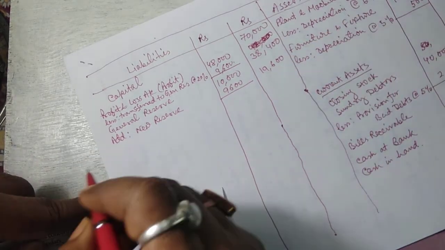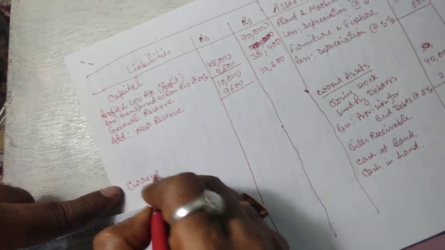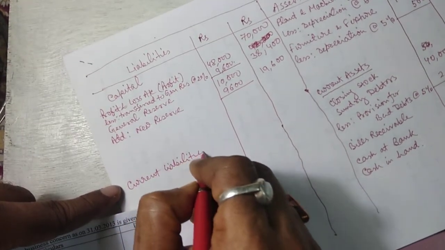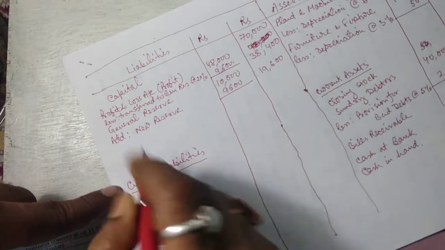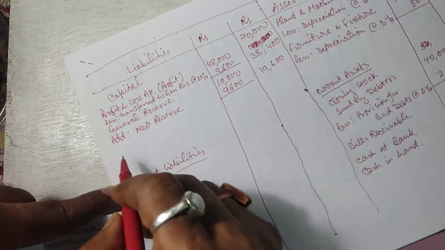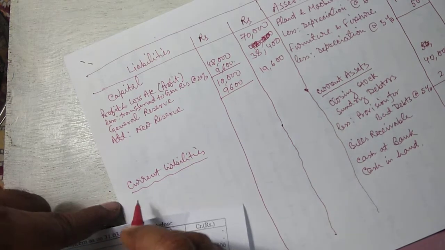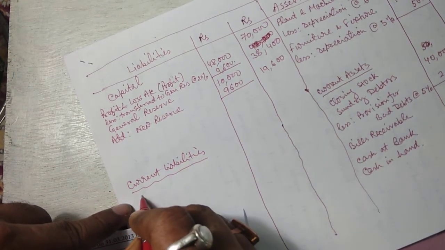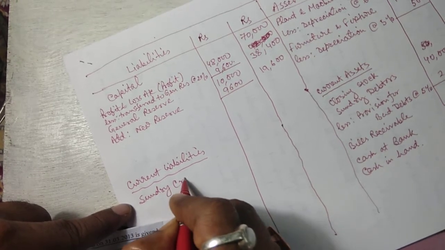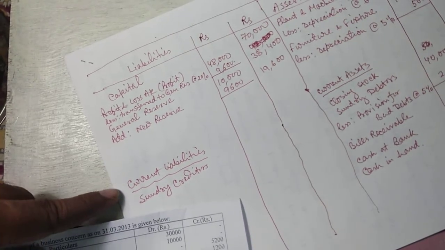Now, current liabilities. Now we should consider current liability. There is no other long-term loan. If there is any long-term loan, then we should write it here. Now current liability. First, sundry creditors.